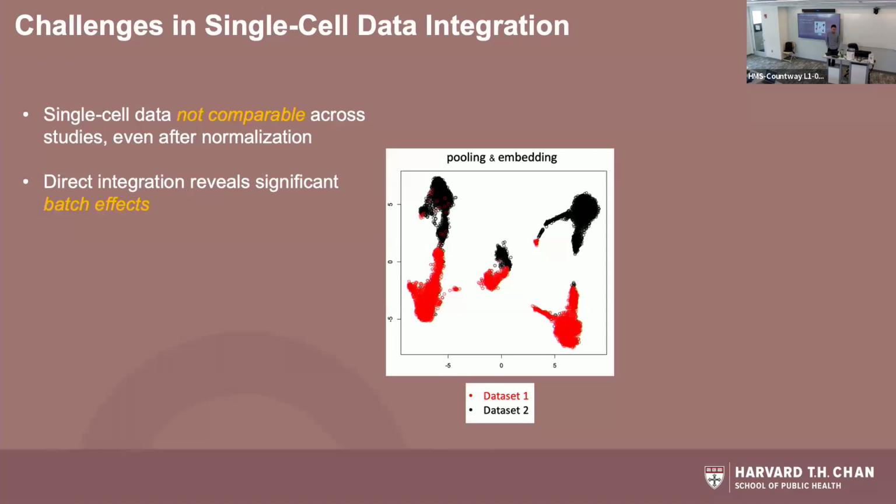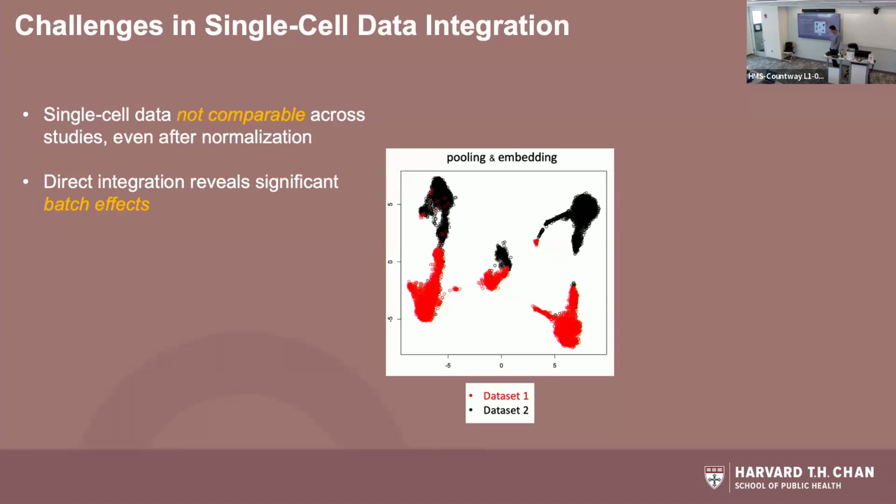From the output of a single-cell experiment for multiple data sets, each associated with either one study or one sample, even after mathematically normalizing each data set, it turns out that the entries in the data matrices are still not comparable across samples. So there is a so-called batch effect that does not go away even if you normalize each data set. And here we look at this example.